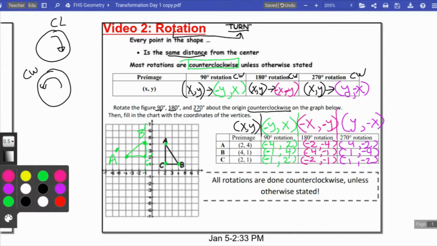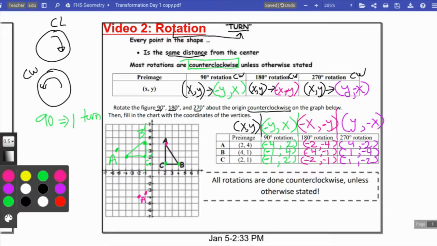Now let's do 180. Also notice this: 90 degrees means one turn. I just turn this thing one time, either left or right. Let's do 180. A was at (2, 4), but now it's at (-2, -4). A prime.